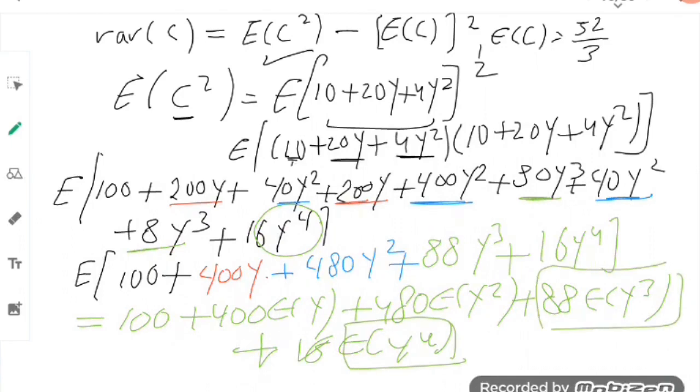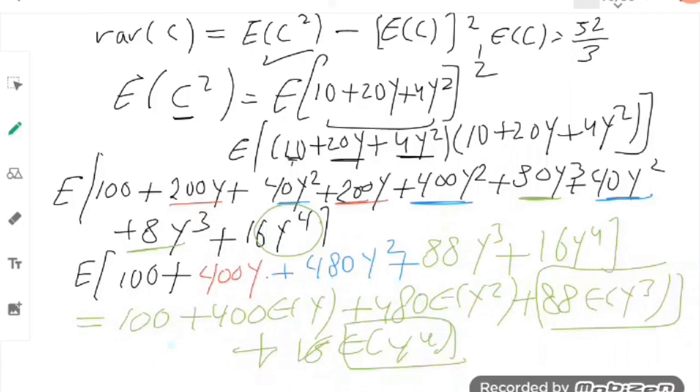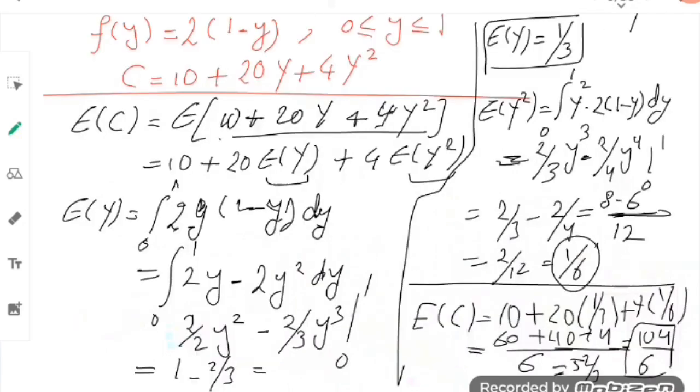Fine. Now try to remember the formula of the PDF. I think it was 2 times 1 minus y, and y between 0 and 1. So we need now to find the expected value of y to the power 3. So this is mu prime 3, the third non-central moment.